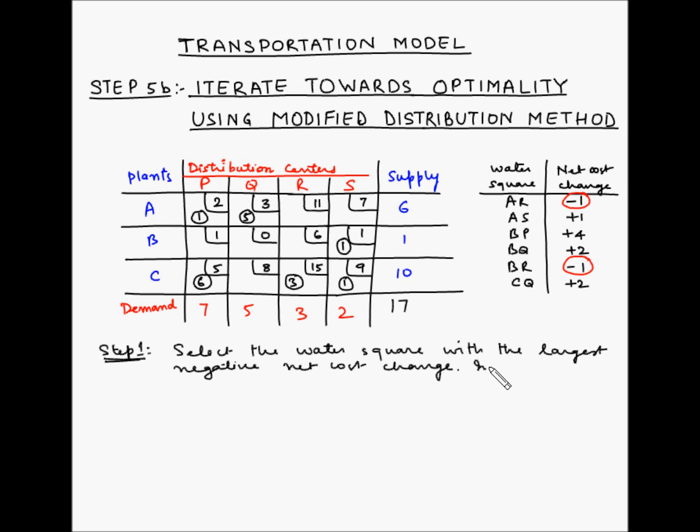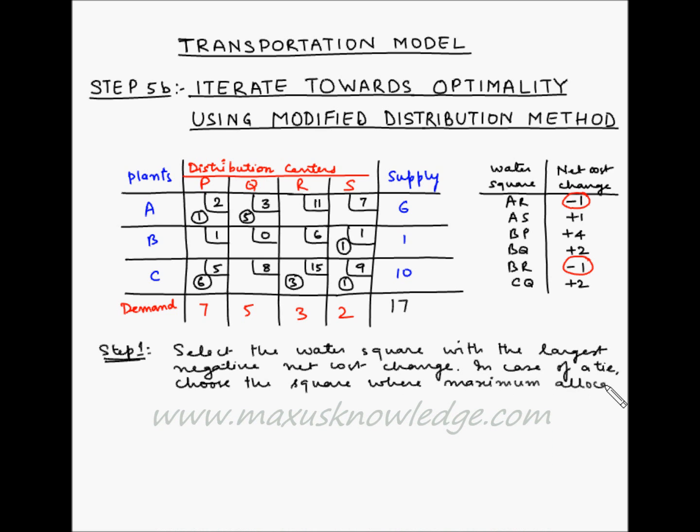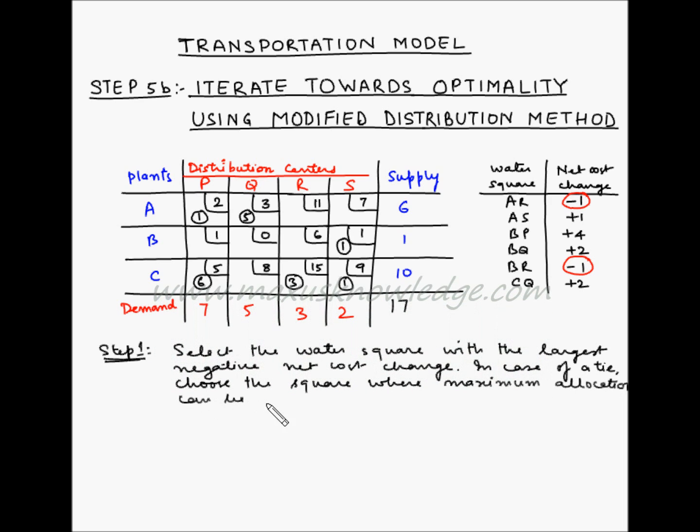So in case of a tie, choose the square where maximum allocation can be made. Now why are we doing this?